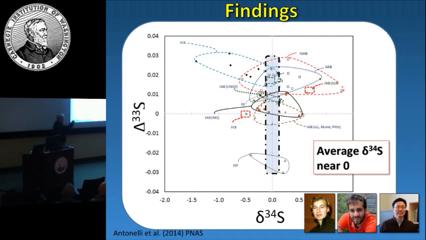But it then would pick this up, and this is probably a reasonable measure of the delta 34S of the initial sulfur that we're working with. What's puzzling then is why there should be this variability in capital delta 33S.